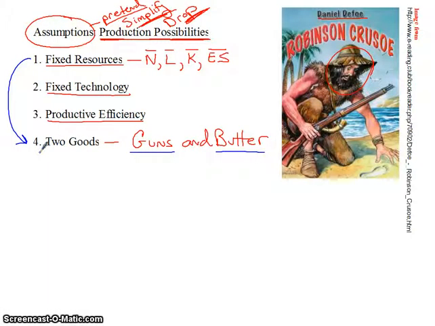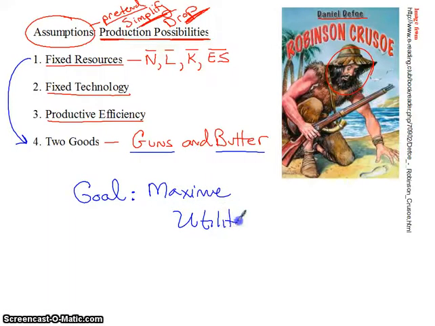How do we make decisions? What should Crusoe produce? Should he produce guns, or should he produce butter, or a combination of the two? And remember, his ultimate goal, as he thinks about this, is to maximize utility.